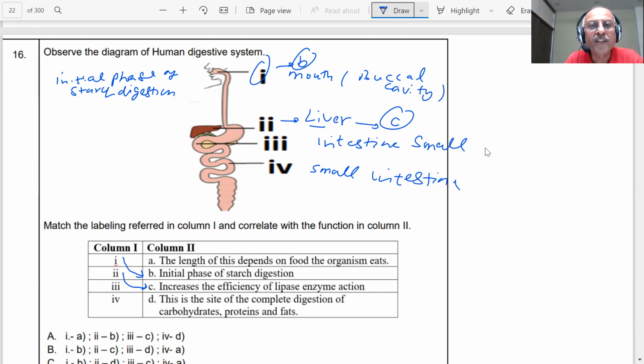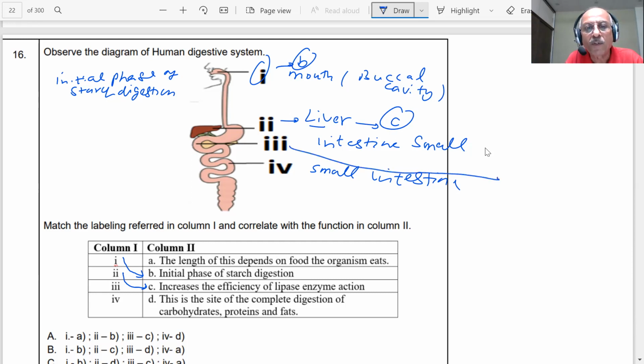All right. Let us see the third one, which is the intestine, small intestine again. What is it doing, student? This is the site of complete digestion of carbohydrates and proteins. You already know, student.